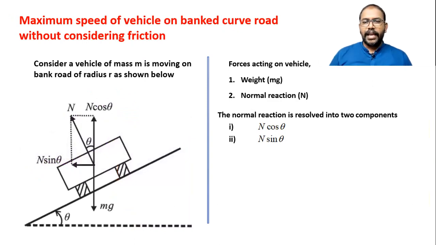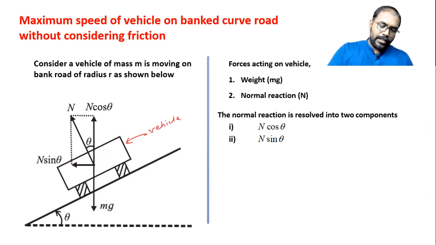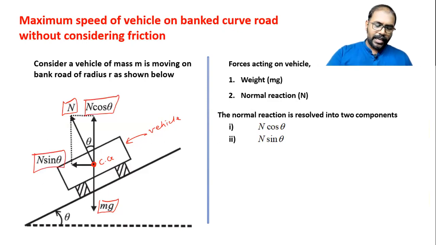When you are drawing a diagram in an examination, the vehicle is not important; the component is very important. So this is a vehicle, this is the center of gravity, and through it I have shown weight mg in a downward direction. This is the normal reaction, resolved into n cos theta and n sin theta. This is the angle of banking, and by geometry, this is also theta.